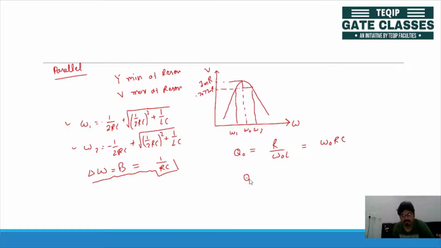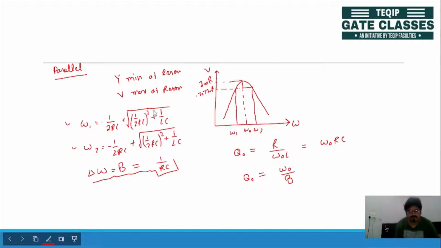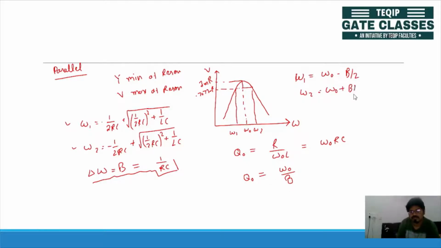It will be Q naught is equal to omega naught upon bandwidth, and the formula for cutoff frequency will also be the same, as omega 1 is equal to omega naught minus B by 2, and omega 2 is equal to omega naught plus B by 2. Okay, so like this we can also derive formulas for parallel resonance.